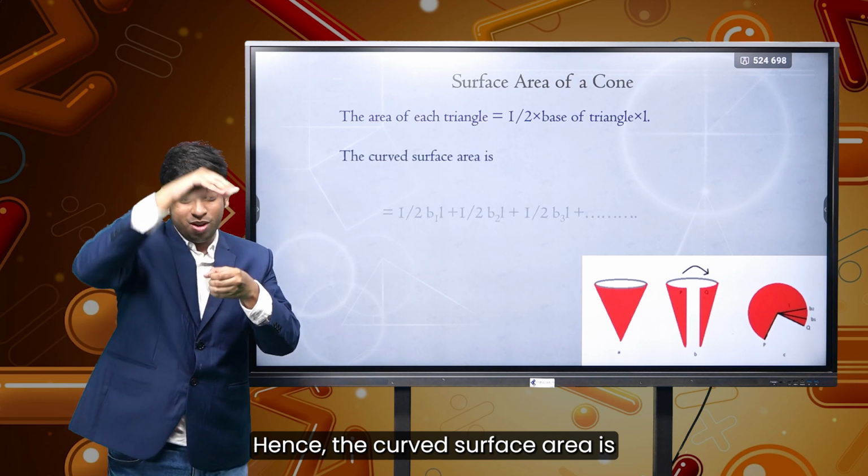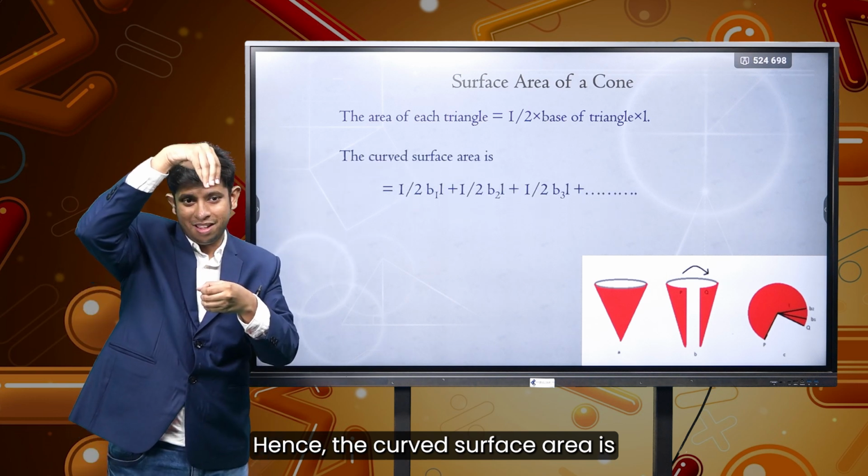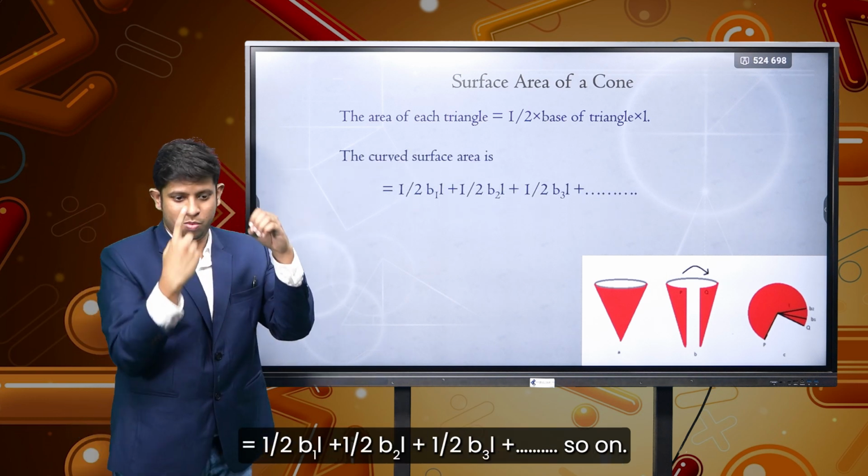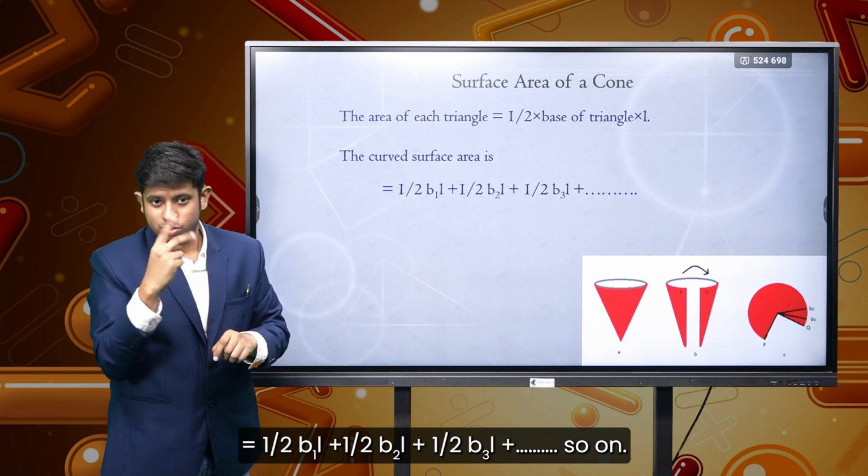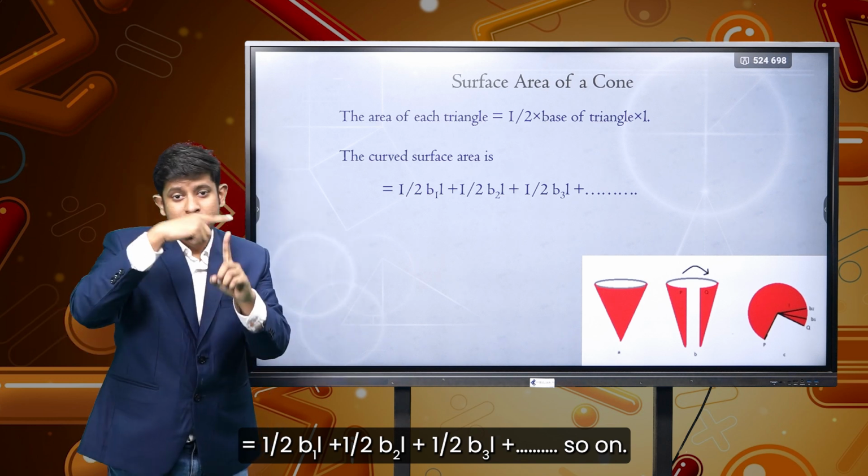Hence, the curved surface area is half B1 into L plus half B2 into L plus half B3 into L, and so on.